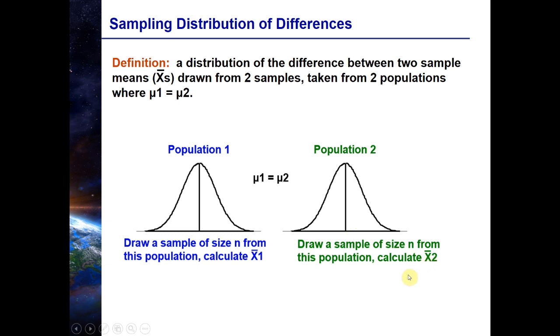Now, if there were no sampling error, zero sampling error, this sample mean would equal mu, right? If there was no sampling error, the sample mean for men would equal the population mean for men. Same thing over here. If there was 0 sampling error, then this X bar would equal its mu.